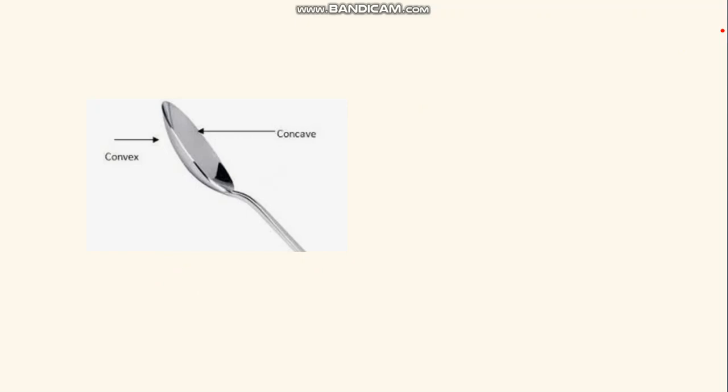If you look at a spoon, then the inner side of a spoon acts like a concave mirror, since its reflecting surface is curved inward, and the outer surface forms a convex mirror, since it has a reflecting surface which is bulged outward.